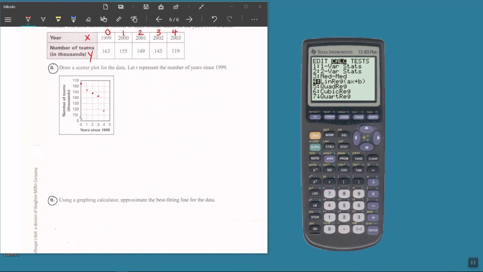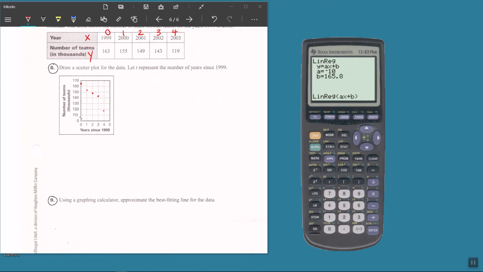And you can see it's got the y equals mx plus b form right next to it. They're calling slope a instead of m, but this is your slope form, your y equals mx plus b form. And so you want to hover on that and then hit enter.